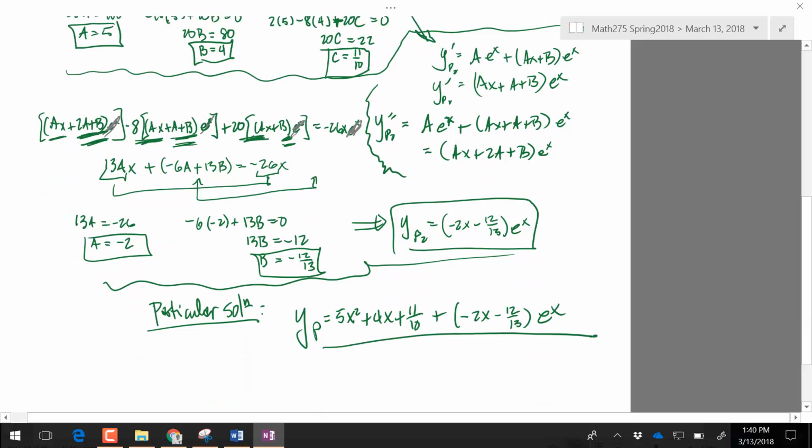So this is your particular solution. And if you're interested in taking the first and second derivatives of this and putting it back into the original differential equation, it should work out. I'm not interested in doing that.